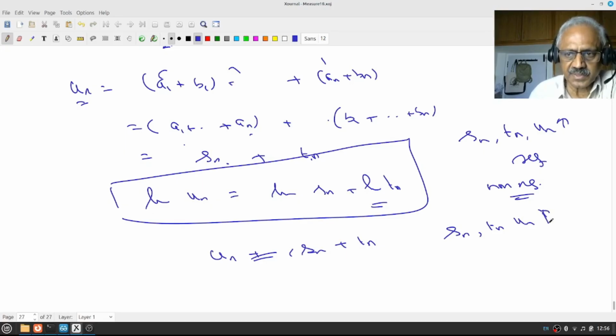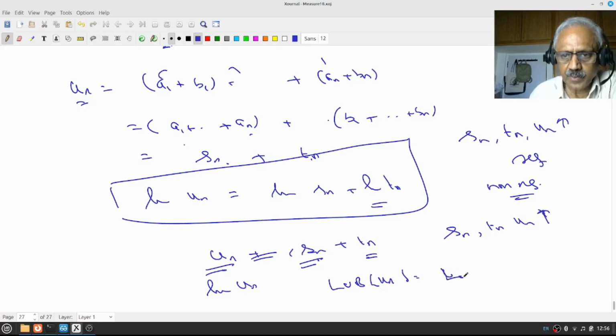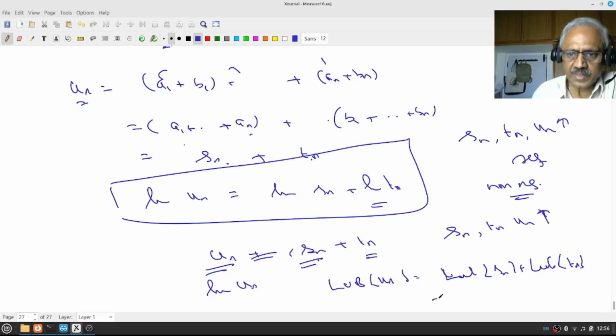They are also increasing, right? Therefore the limit is the supremum. LUB of Un will be equal to LUB of Sn plus LUB of Tn. But that is summation An, summation Bn, and summation An plus Bn by definition.